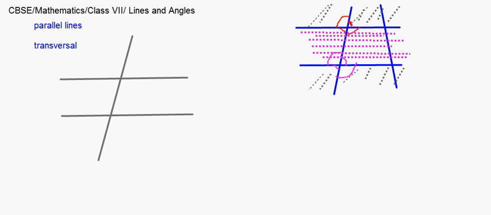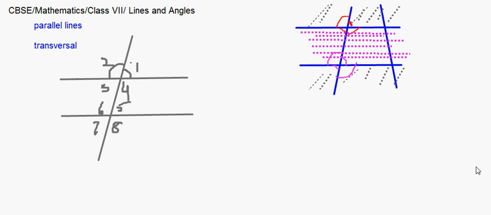Let me mark the angles as well as name them here. I'll name using numerals. Let this be 1, this be 2, this as 3, this is 4, 5, 6, 7 and 8. It will be easier for us to discuss.